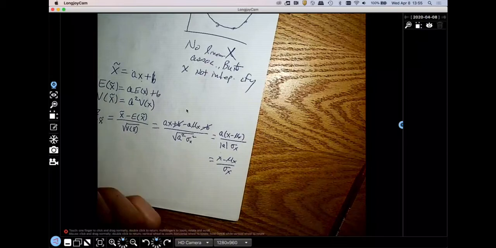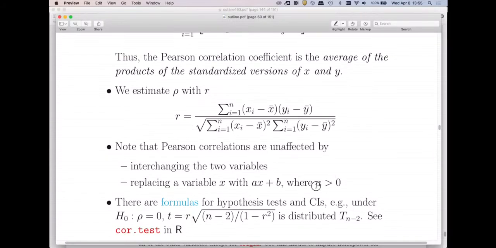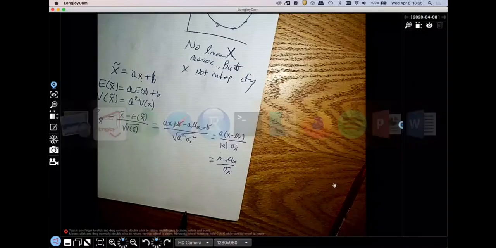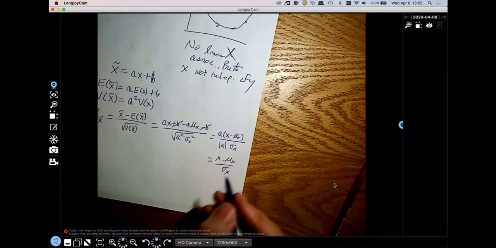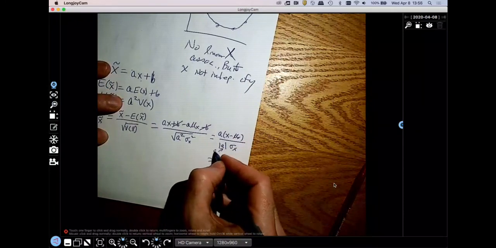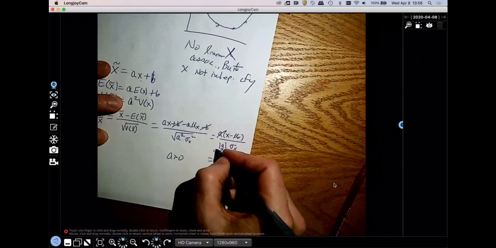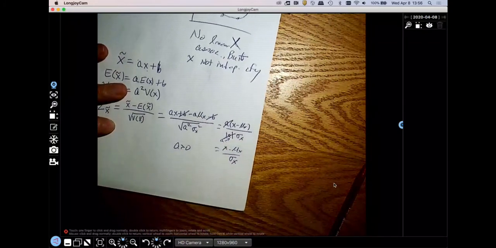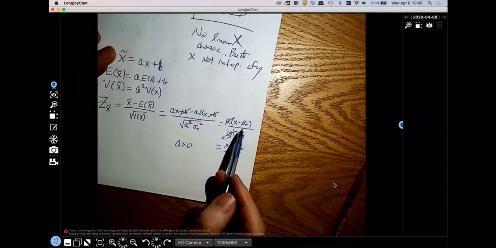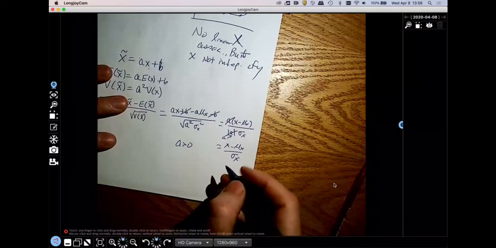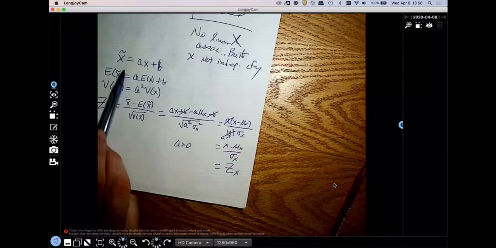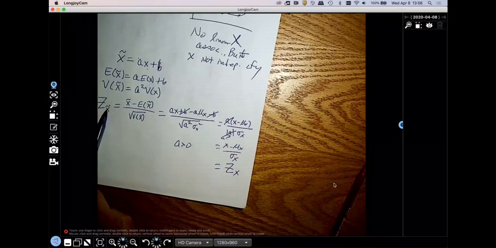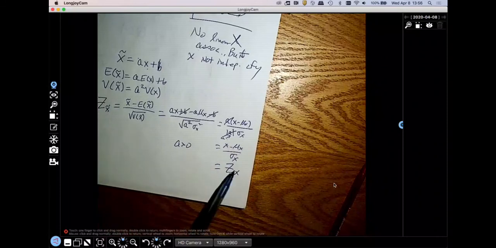One minor point: I assumed that this constant was positive, and the absolute value of a positive number is the number, so those two cross out. If a were negative, then the sign flips. But the point I'm trying to make is that this is equal to zx. So if I transform my x to different units with this linear transformation, my standardized units remain the same.